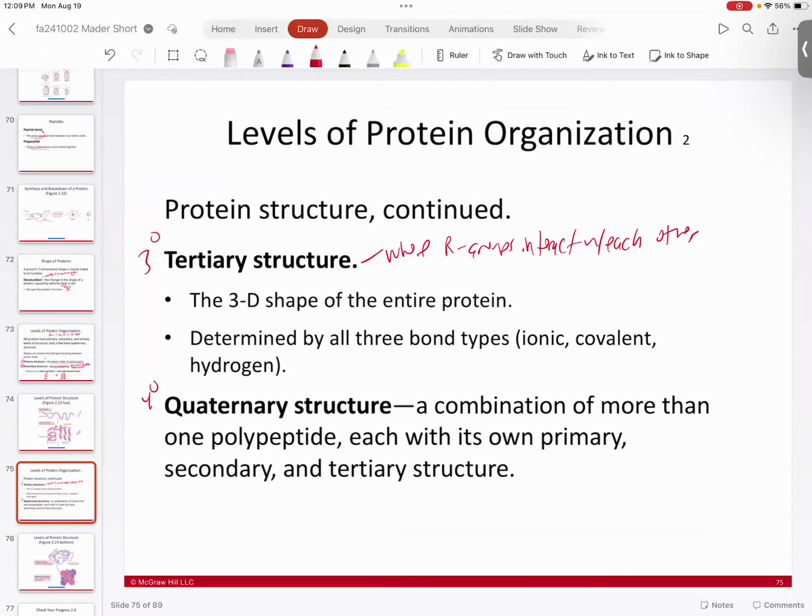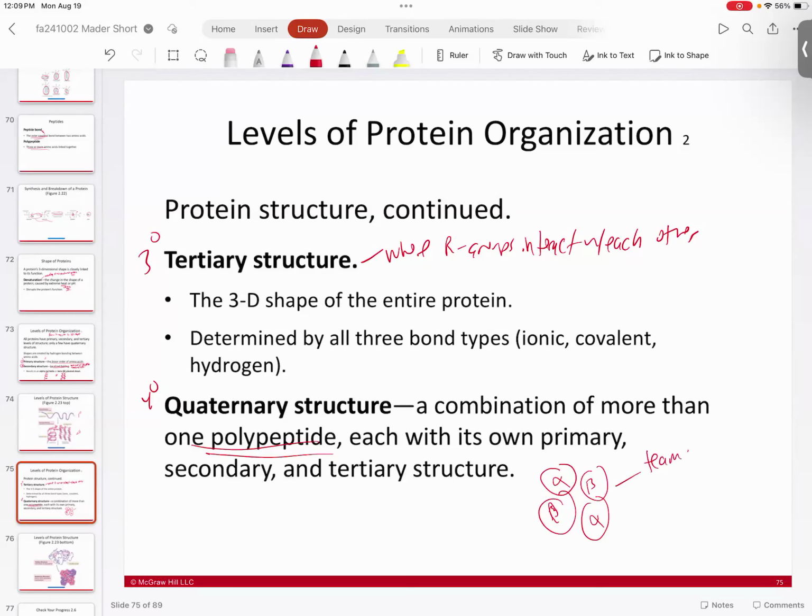And then the last step is quaternary structure, where you have a combination of more than one polypeptide that forms a complex. So for instance, in some proteins, they form a team. In hemoglobin, you have a team of two subunits. You have an alpha globin and a beta globin subunit. So it's got four things in it.